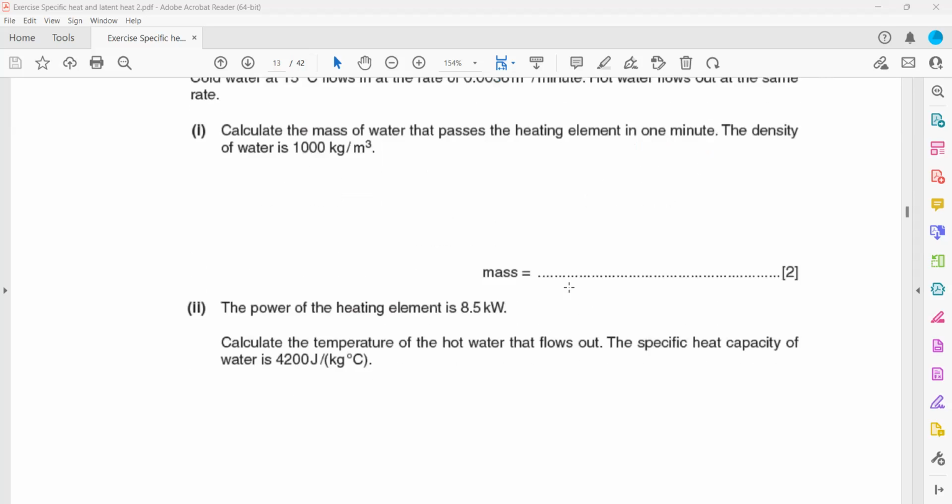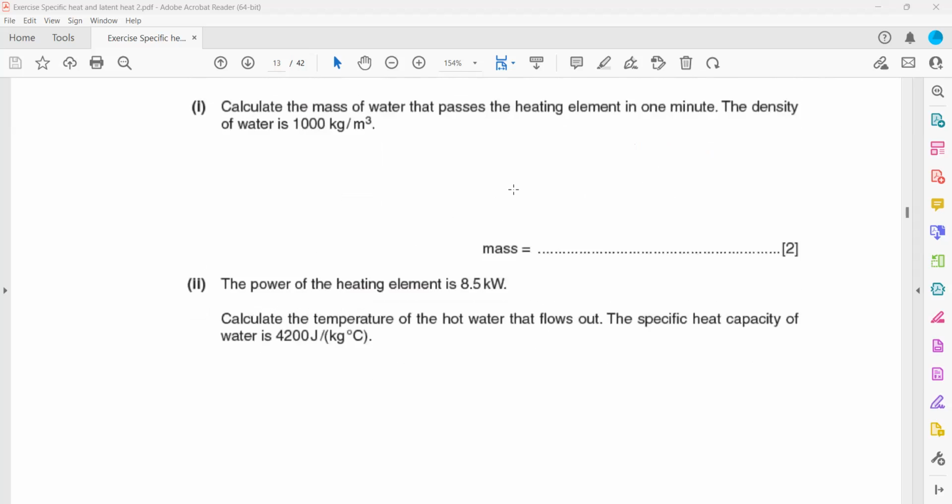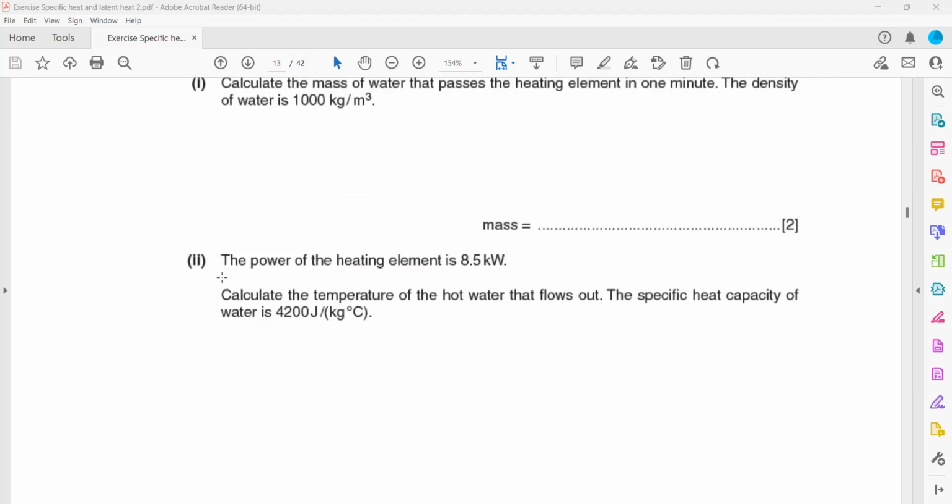Whenever there's a temperature change, what is the formula for energy? As there is a change in temperature, E equals c m delta T: specific heat times mass times temperature change. The specific heat capacity is 4,200.